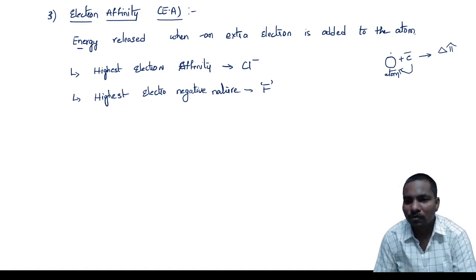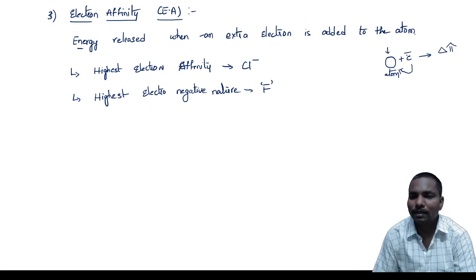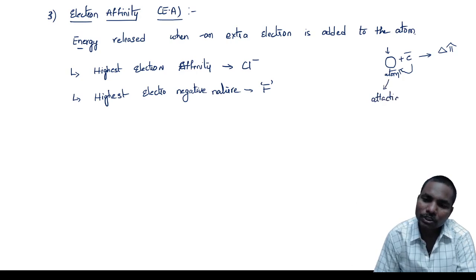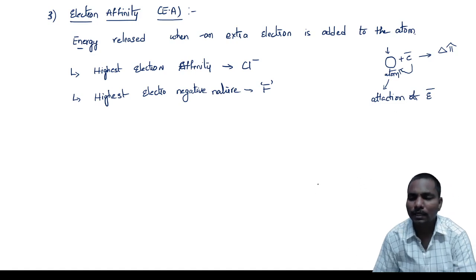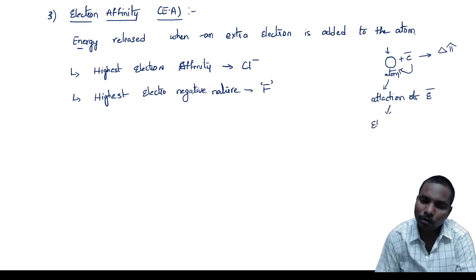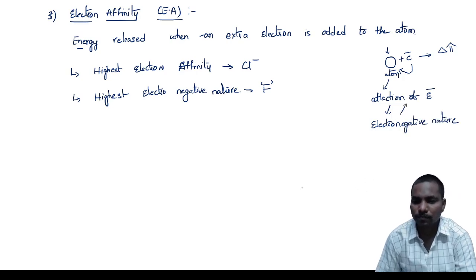Whenever this atom attracts that electron, then only energy is going to be released. So this atom must have an attracting property. Which are attracting electrons? Electronegative natures. What is the meaning of electronegative nature? That is the property of attraction of electrons.